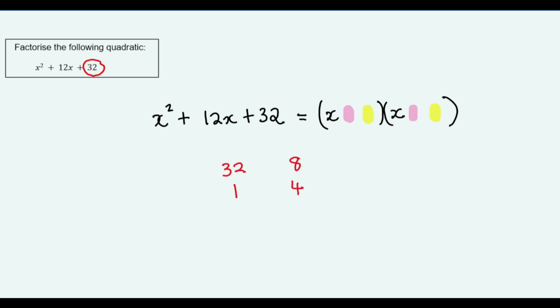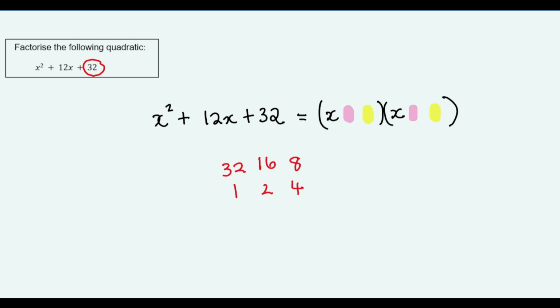We can have... What else can we have? We can have 2 and 16. I hope there's not one that I am missing. I think that's about it. So for this to work, you would need to know your multiplication tables very well.